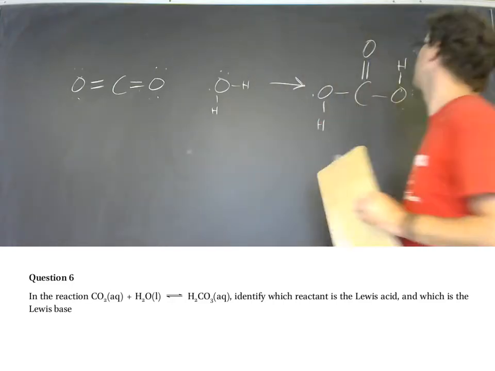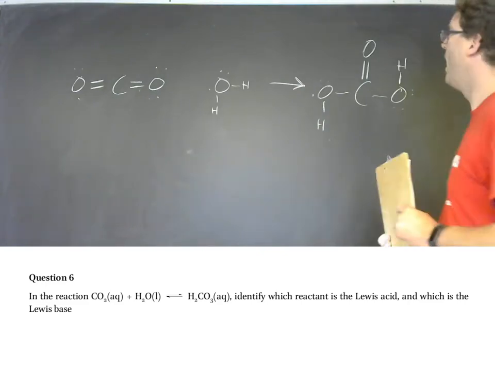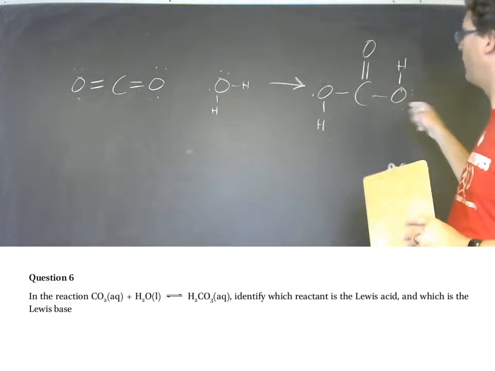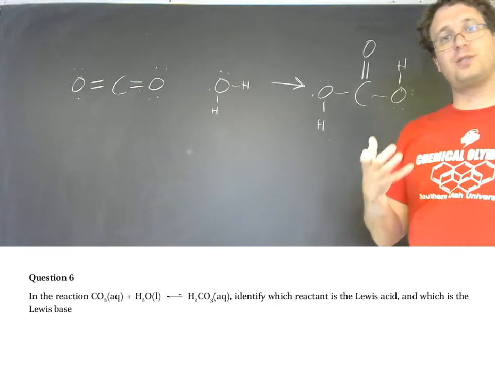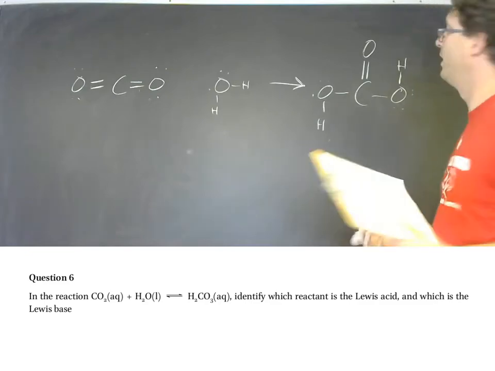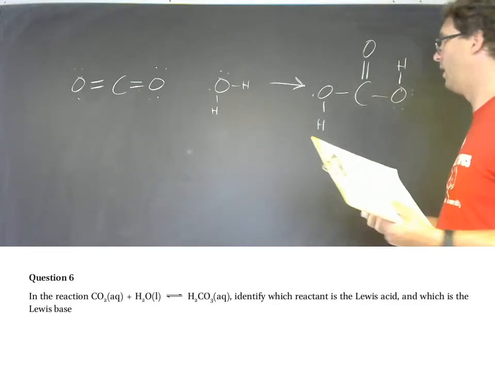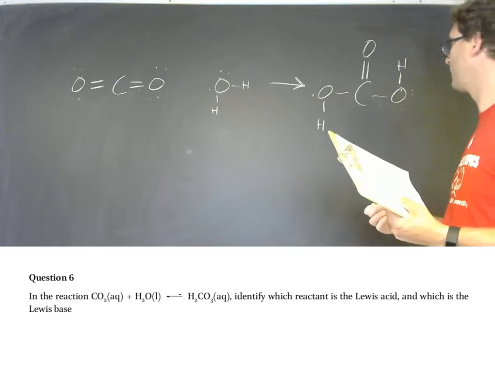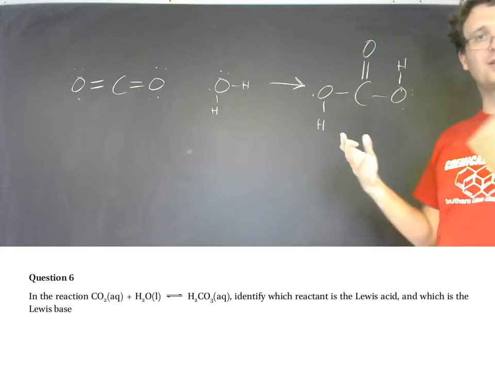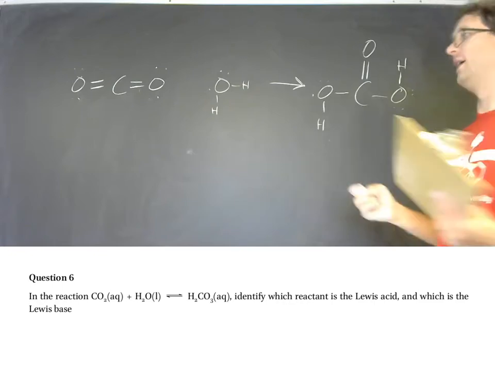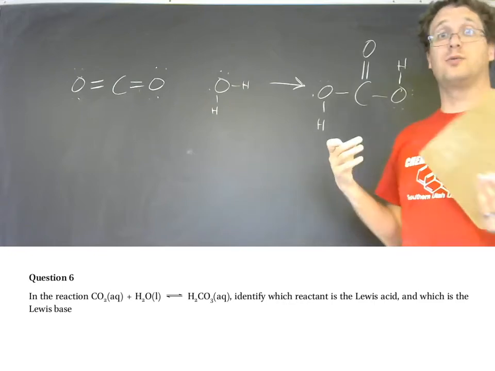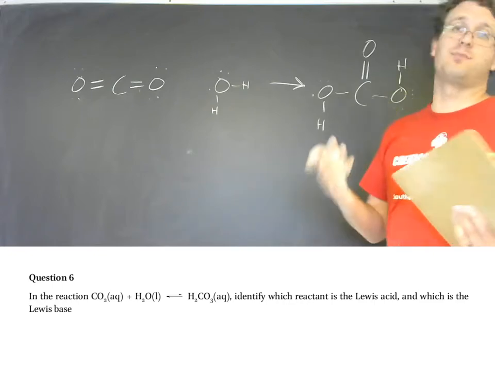That is the structure for carbonic acid. And looking at that, what's a good way to recognize where that new Lewis adduct coordination bond has formed?